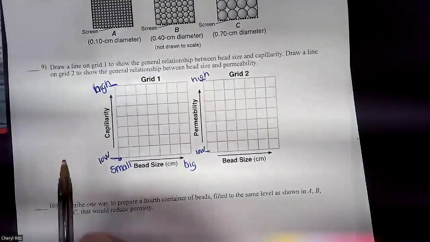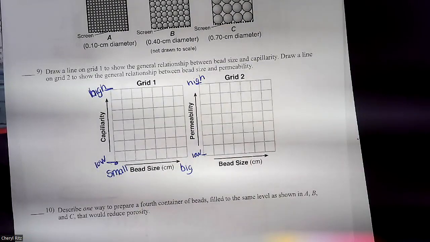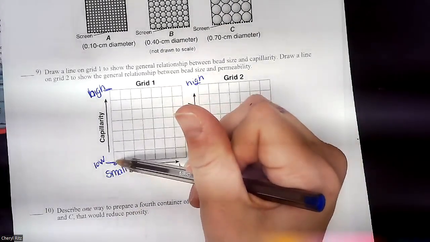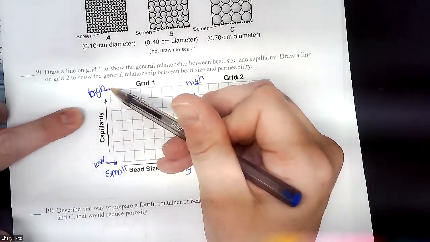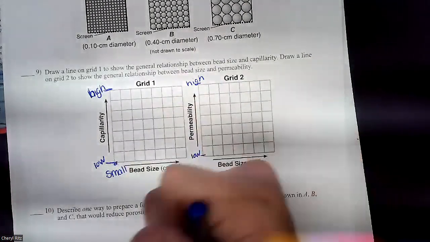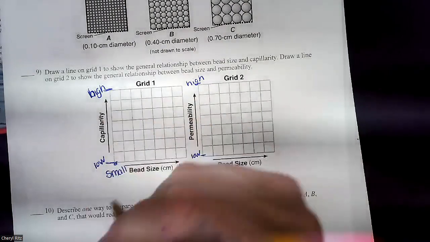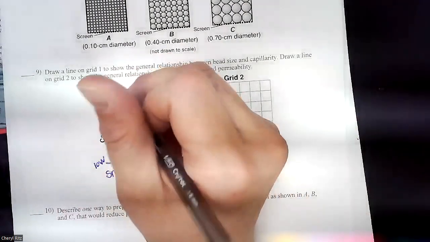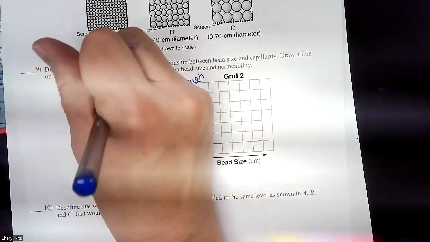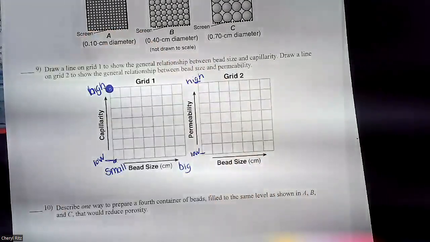So then you got to stop and just kind of graph it in your head. If I have small beads, do we have high capillarity or low capillarity? Capillarity is best with small. Oh, then I got it right on. Good, so that's high capillarity for small beads. And that's a concept you just gotta remember.